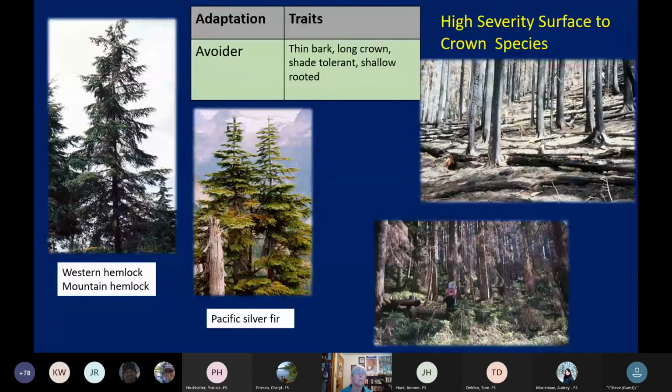They have crowns that extend down almost to the ground surface. Like I said, they're shade tolerant, and especially in high elevation systems, they're very shallowly rooted. So the result of them interacting with fire is pretty much high mortality. And as you can see from these two examples from the Warner fire, it doesn't take much to kill these trees.